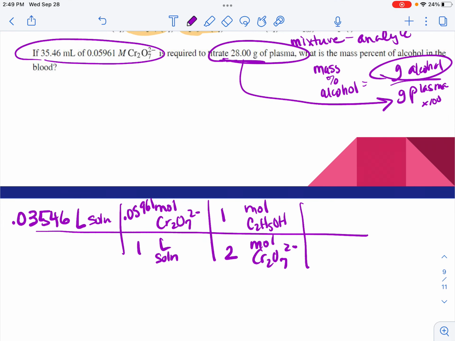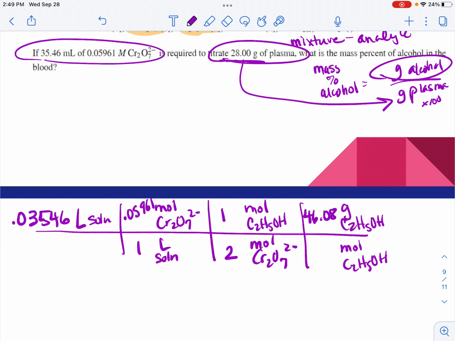And remember that I need mass of alcohol, so I'm going to go on from moles of C2H5OH to grams of C2H5OH. And I used 46.08. I probably should have used 1.008 for hydrogen, but I used 1.01. Okay.